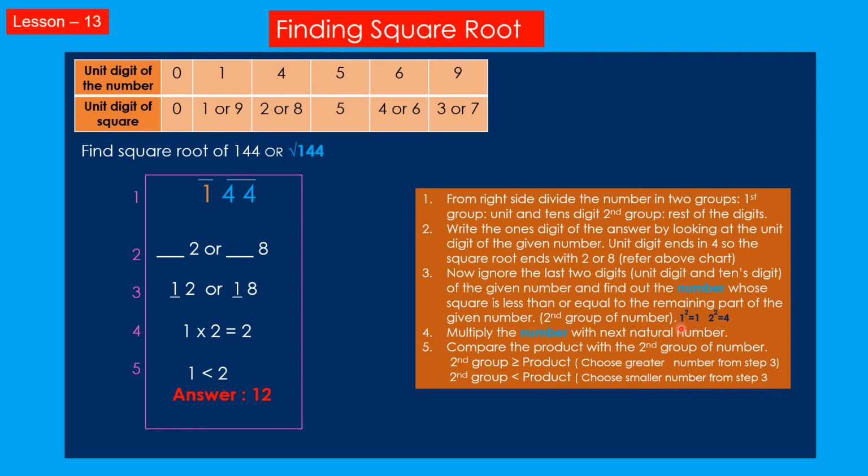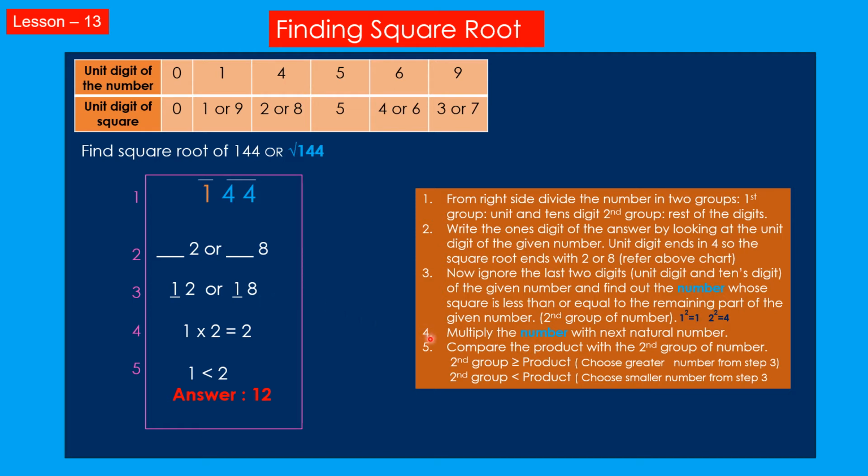You pick 1 because the square of 1 is 1, which is less than or equal to the remaining part of the given number, that is 1. So now you have your 12 or 18. Out of 12 or 18, you have to pick one as your answer. Now how do we decide whether 12 is our answer or 18 is our answer?